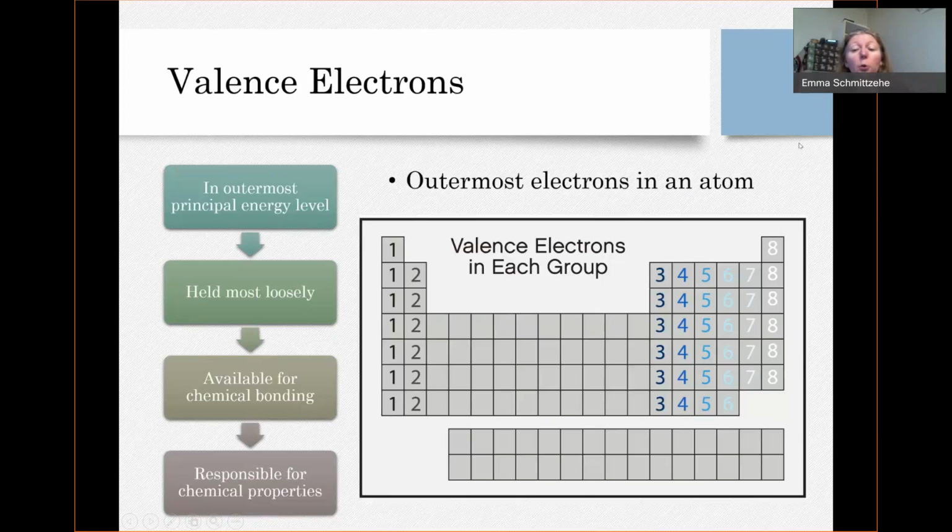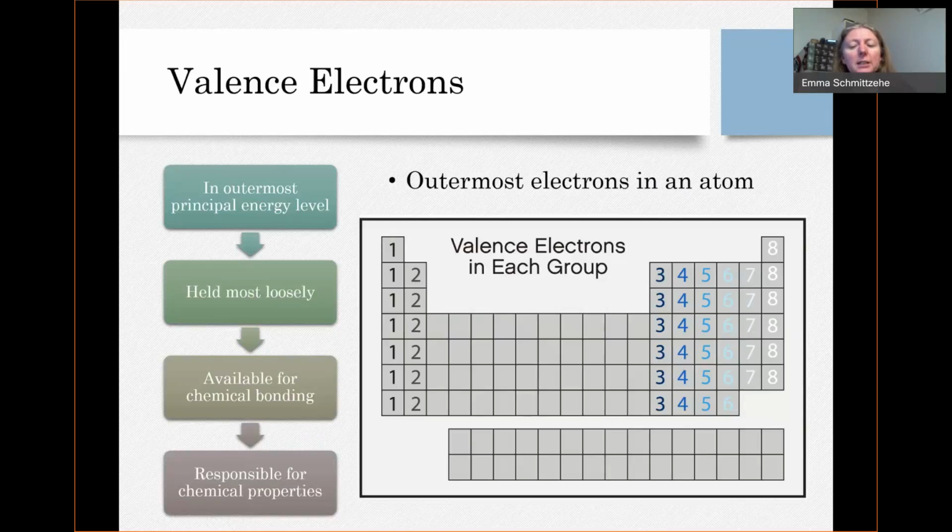Eight is a stable situation. If something has 8 valence electrons, it's pretty happy where it's at. That's why noble gases don't participate in bonding very often, so they don't really react with things very often. There are some scenarios where it happens, but in general it's not very favorable because they're already in this stable situation.